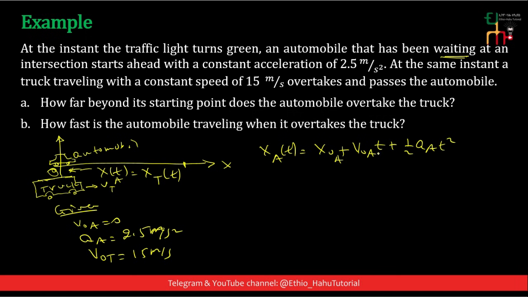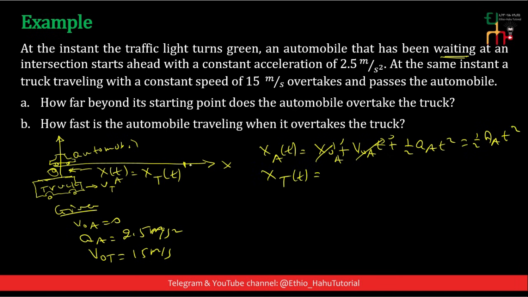V naught of a is the initial velocity of the automobile with respect to the origin, and a of a is the acceleration of the automobile. The initial position of the automobile with respect to the origin is 0. The initial velocity of the automobile is 0. Therefore, we are left with 1 over 2 a of automobile times t square.